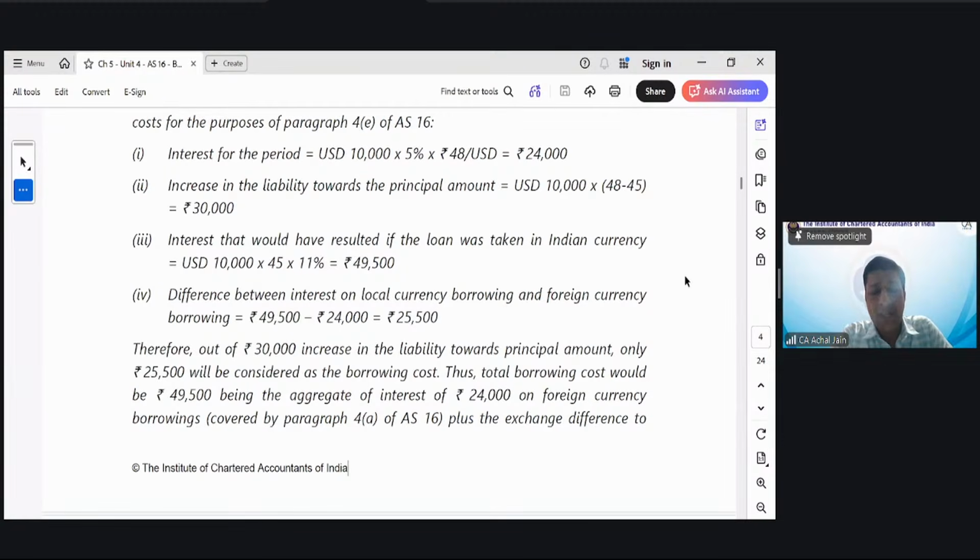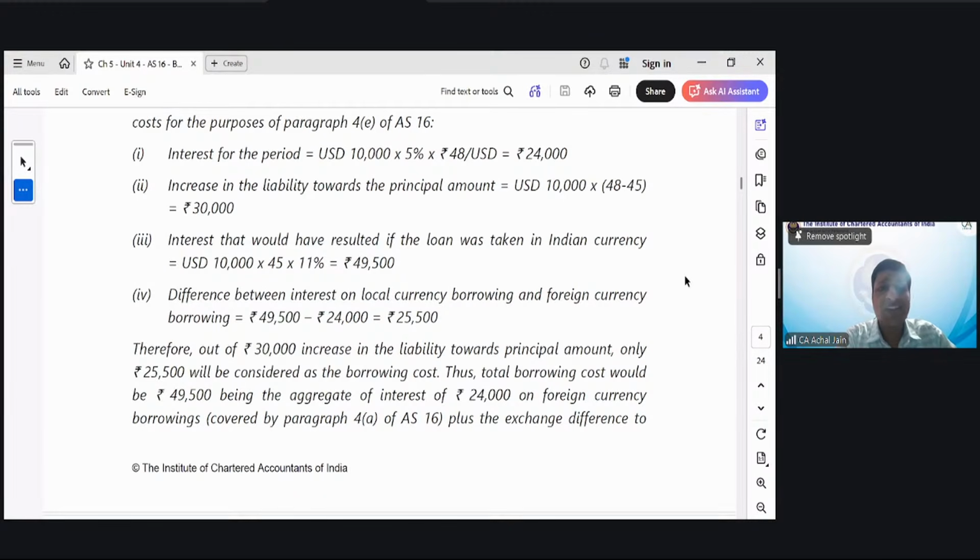Yes or no? So the company ended up incurring a cost of 30,000. Why? Because the loan was taken in foreign currency. If the loan was taken in INR, would the company had incurred this cost? No. So company definitely saved the interest, but ended up incurring the foreign exchange loss.